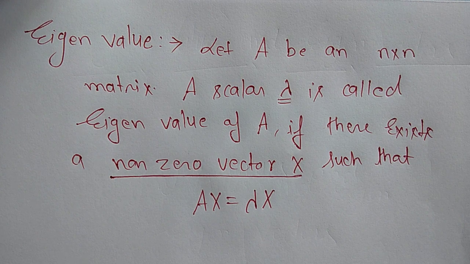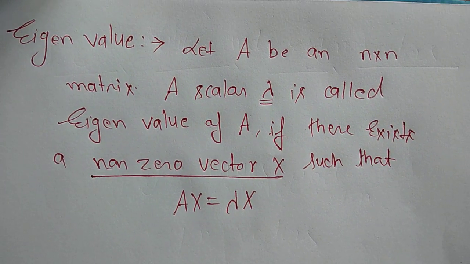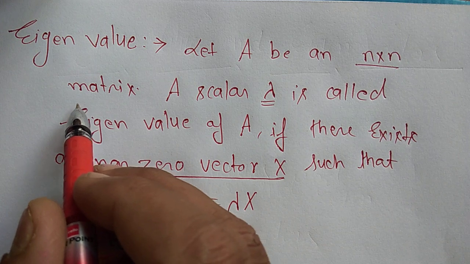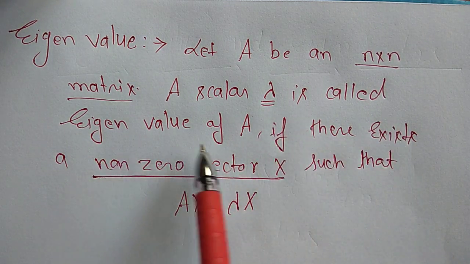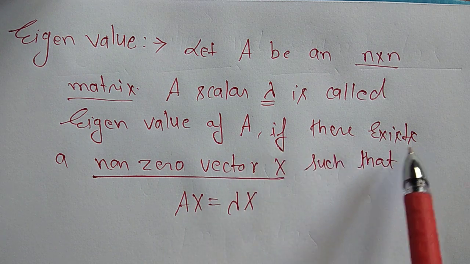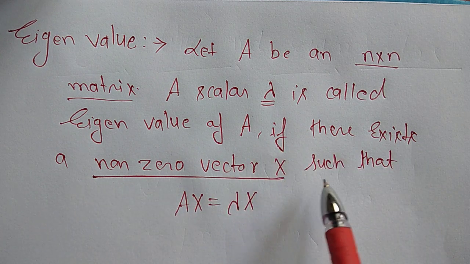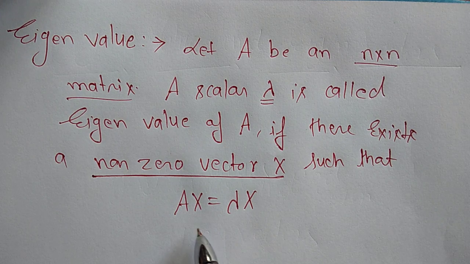So first, the definition of eigenvalue. Let A be the n cross n given matrix. A scalar lambda is called an eigenvalue of A if there exists a non-zero vector x such that Ax equal to lambda x.